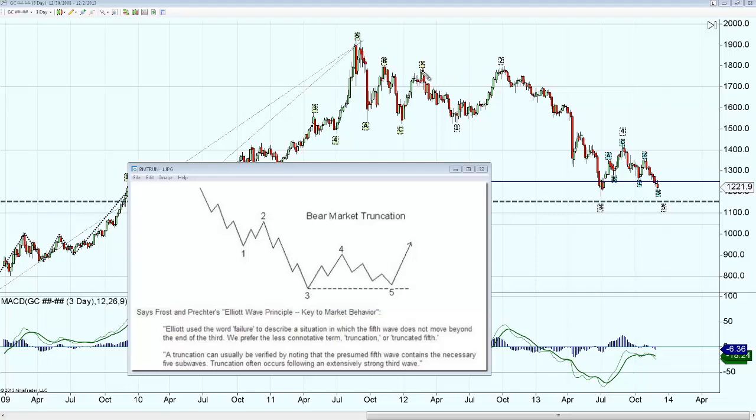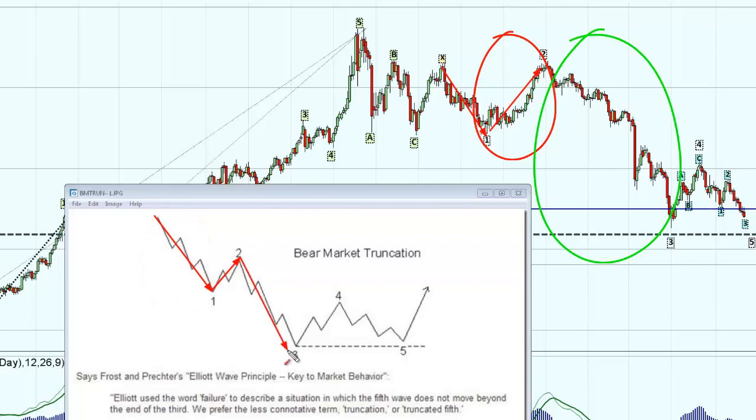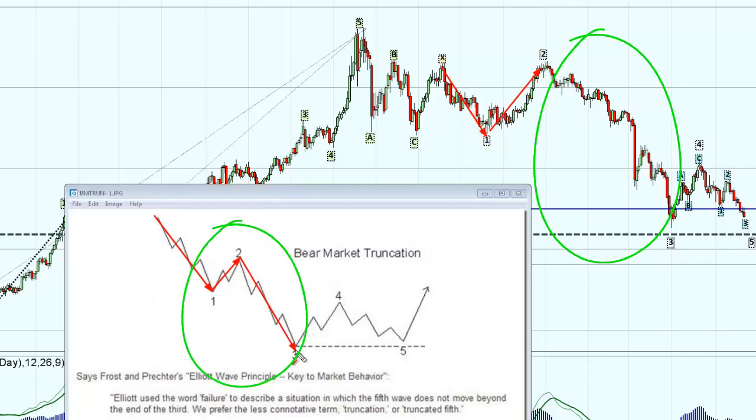We have, of course, our wave 1 here, and that corresponds on this chart to wave 1. Wave 2, you get a long wave 3. That's one of the characteristics of a truncated fifth wave, is it typically happens when you have an extremely strong third wave, which we absolutely had.